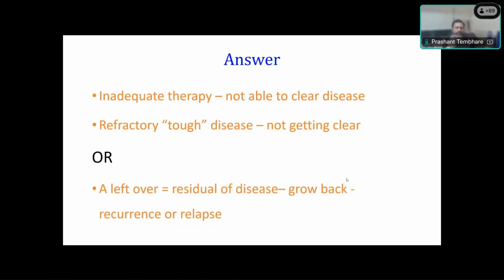So this is the strategy, because over a period of time, the survival improved from 10% to 90%. The reason is that we not only improved the drugs. For example, in ALL we have modifications in treatment protocols, but in AML the treatment protocol for the last 50 years is the same.